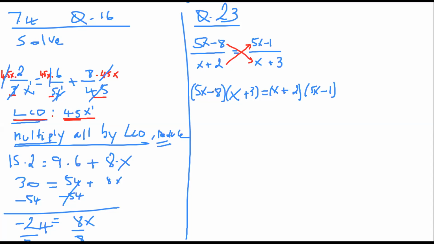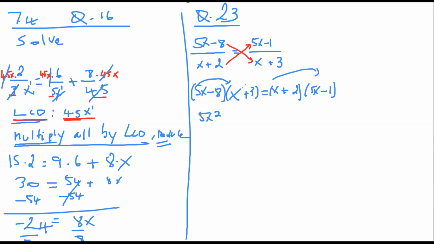Okay, and what do we do next? Distribute. That's right. We're going to distribute this side, combine like terms, and do the same thing on this side. So we're going to simplify each side first. 5x times x would be 5x squared.